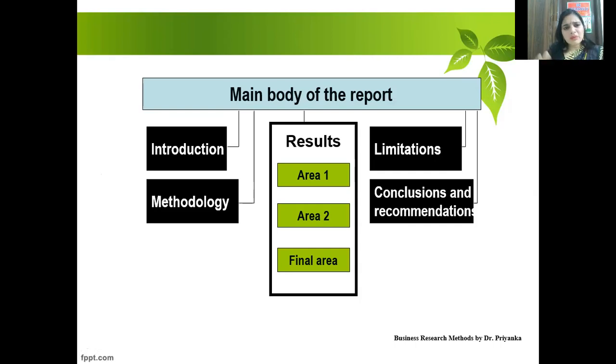Some topics would be mentioned broadly, some briefly as per the requirement of the report, and then you will be mentioning somewhere in between why you are studying CSR of top 500 companies.